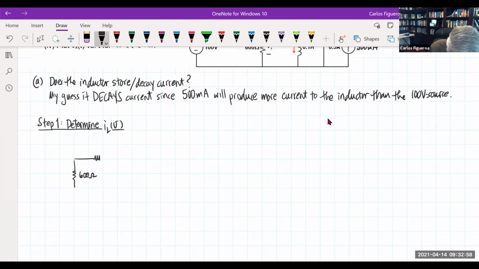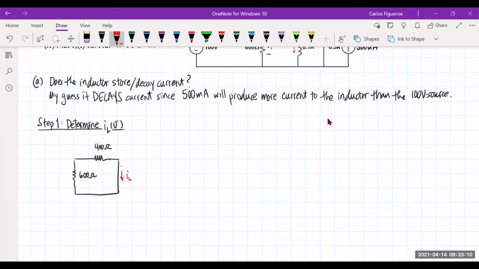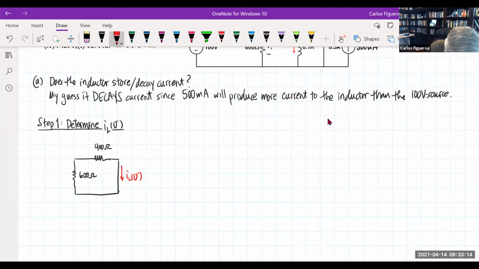I have a 600, and now my inductor is a short. My guess for the current of the inductor is that it's going to be going in that direction. And then what I can see here is that this is connected to my 500 milliamp source.